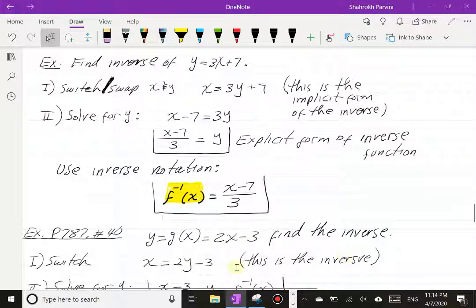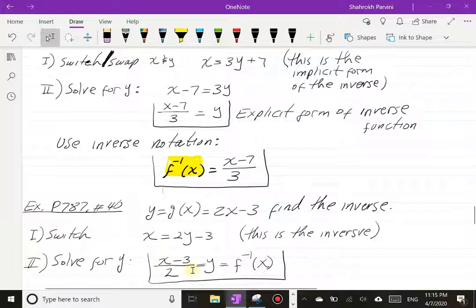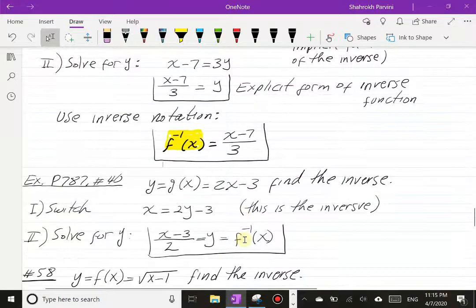Again, this is the inverse. At this point, we have the equation for the inverse. But we would like to solve it for y, and we do, and this is what we get. To solve for y, everybody I'm sure can do this, right? You add 3 to both sides, or move negative 3 to the other side, divide by 2, and this is what you get. So, in turn, we have solved the equation for y. This is the explicit form.